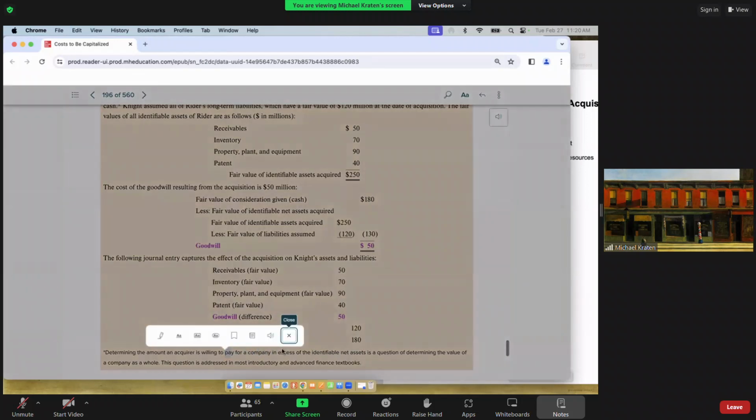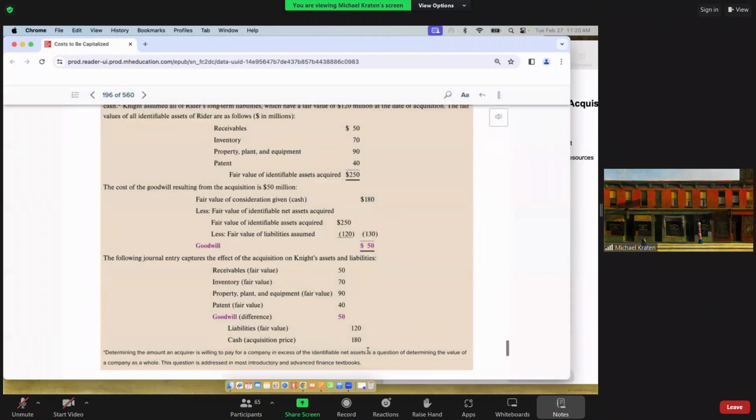And what I actually pay, which is 180, in excess of the identifiable assets minus liabilities, what the textbook author calls the identifiable net assets of 130, is goodwill. It's a backwards way of thinking about it, in my opinion, because you're sort of backing into what the goodwill number is.